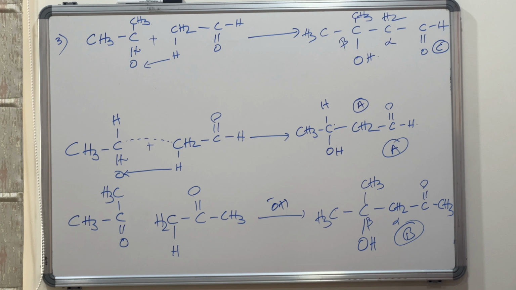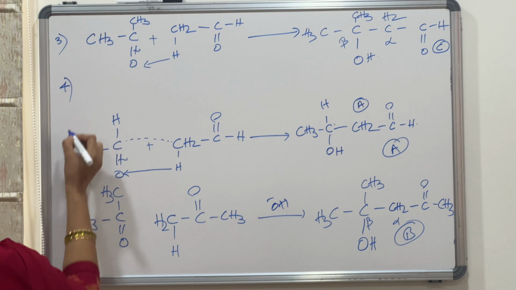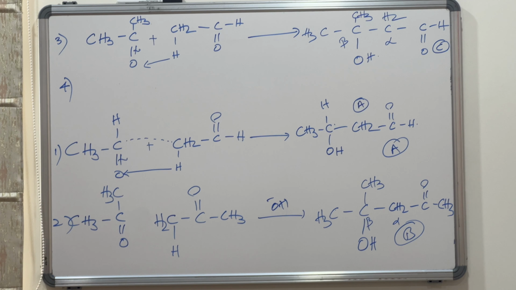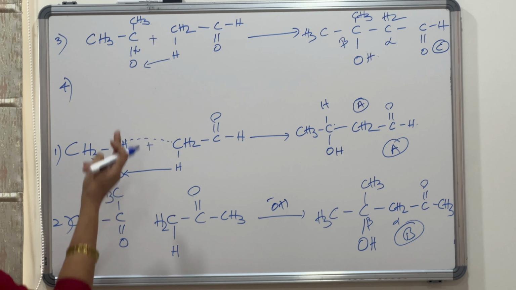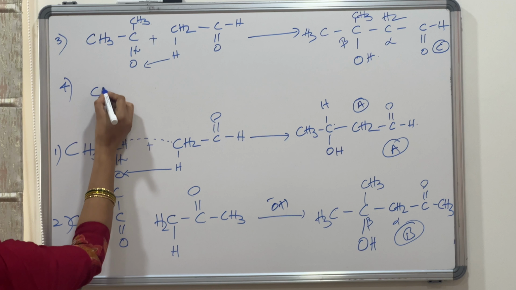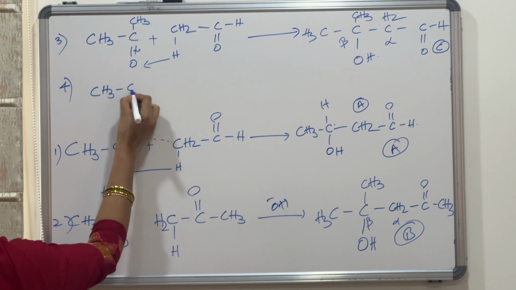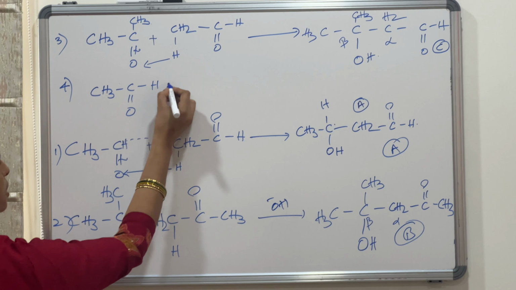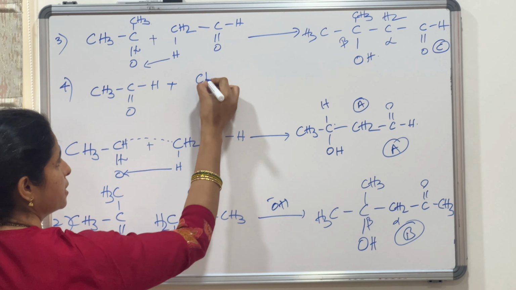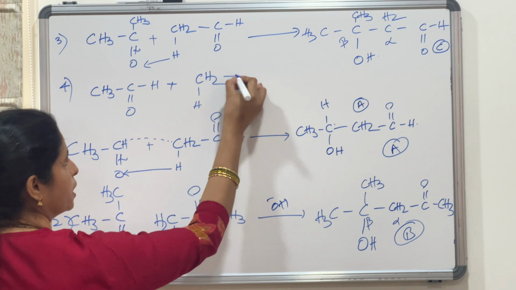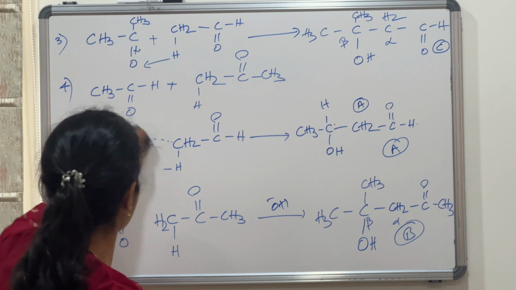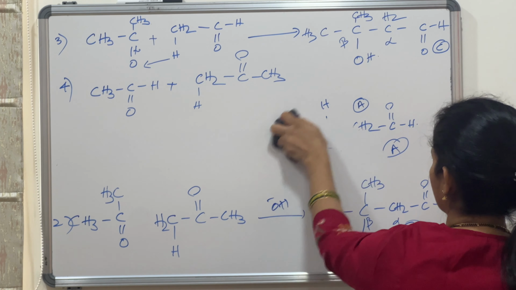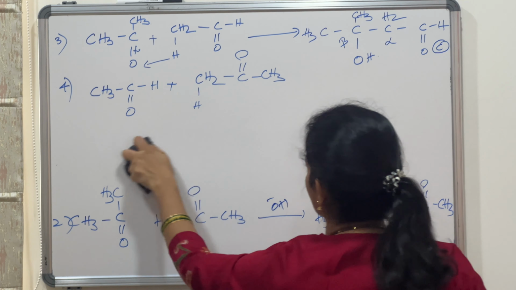And how to write the fourth product? This is 1, this is 2, and now I'll tell you how to write the fourth product. Here your hydrogen is as it is, and you interchange these two. Here is your acetaldehyde, CH3 C double bond OH, plus the hydrogen you should take from the ketone. This is your ketone. Don't get confused.